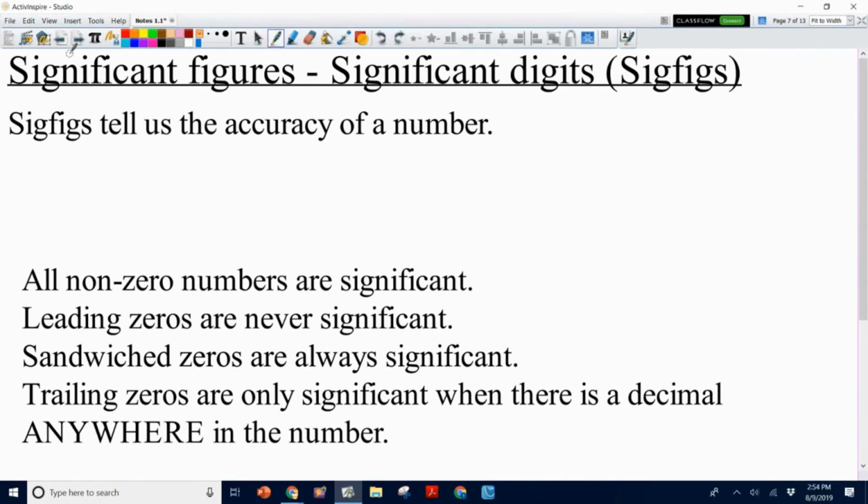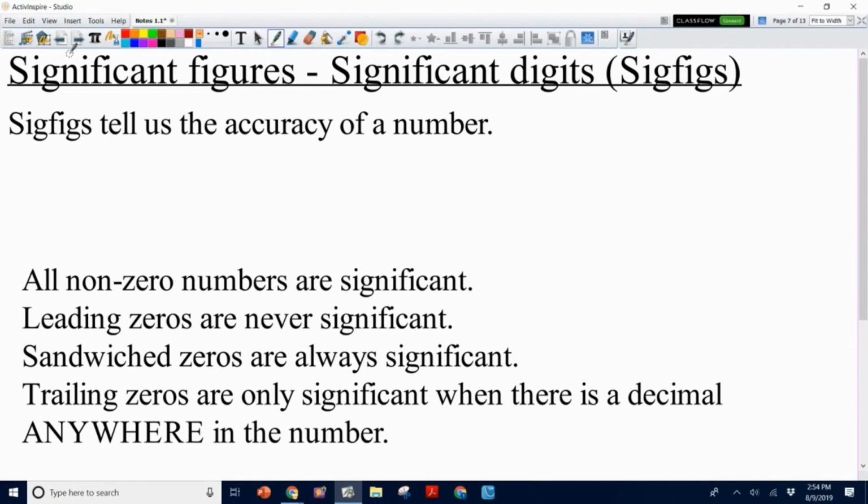The third rule is sandwiched zeros are always significant. So if you have a number like 504, the 5 is going to be significant because it's a non-zero number. The 4 is going to be significant because it's a non-zero number. But the 0 that's sandwiched in between, it will be significant because it's in between.